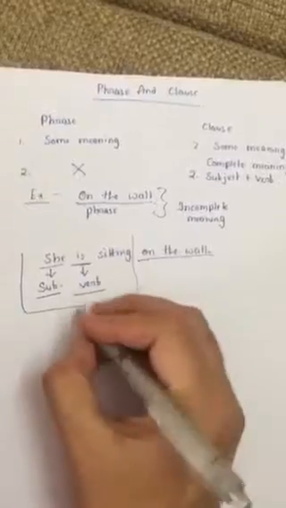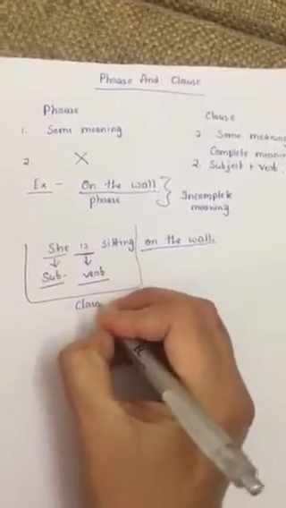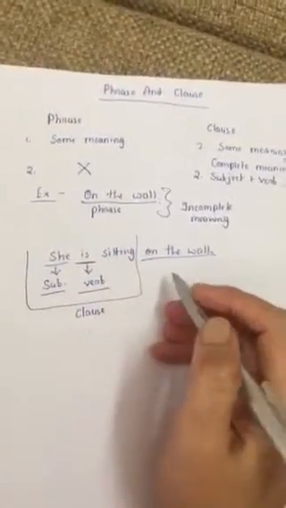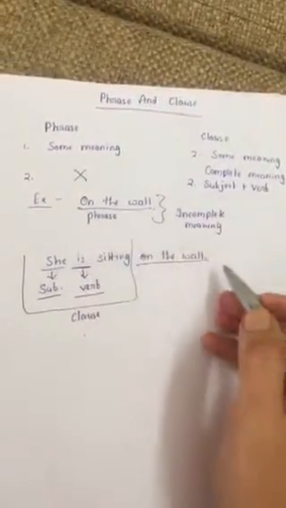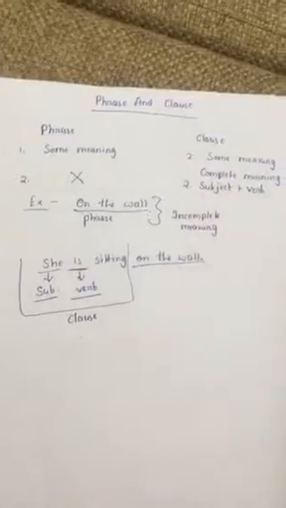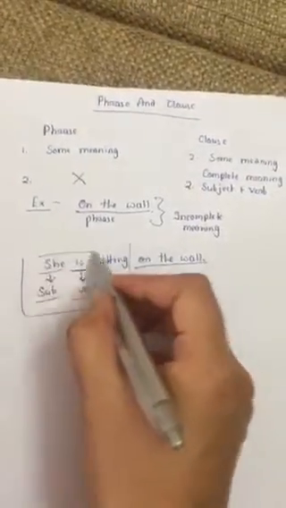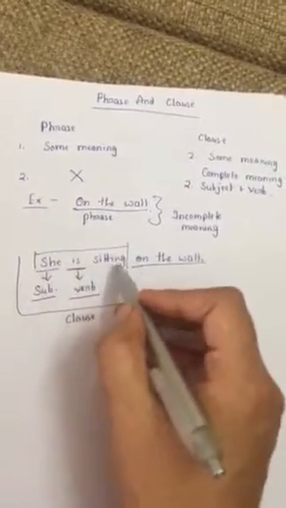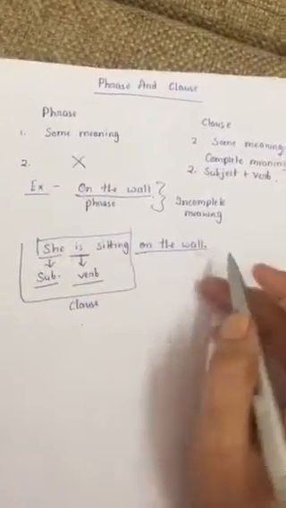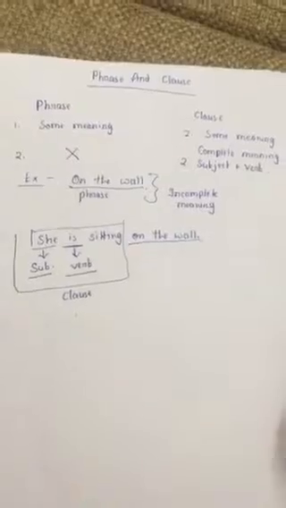"She is sitting" is a clause, and now you will notice that this clause, if I say "she is sitting," these words are not dependent on some other words or on some other clause to draw their meaning. So this is actually a complete sentence. "She is sitting" is complete in its meaning.